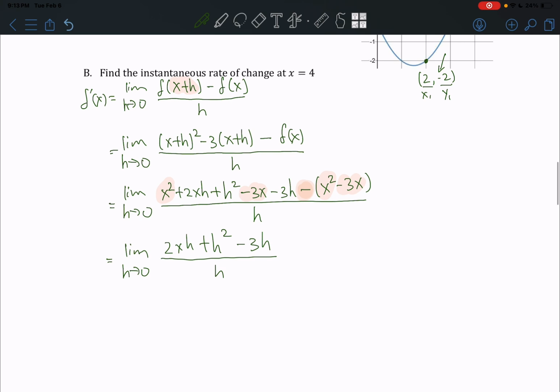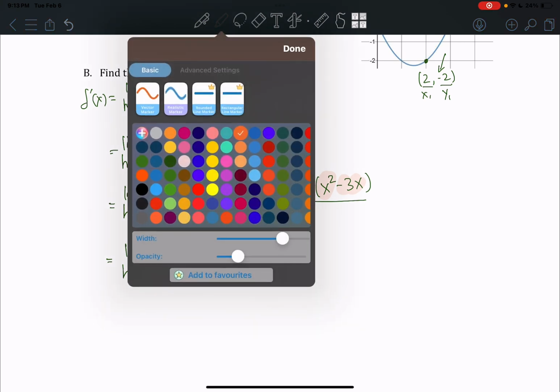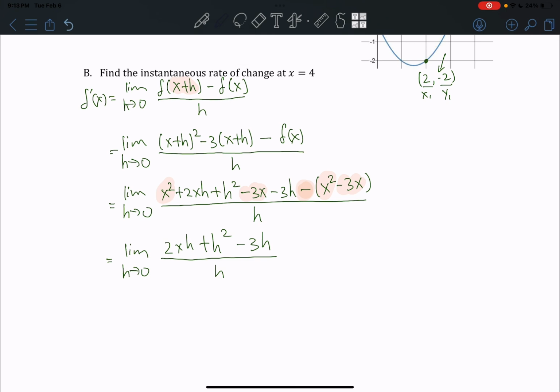And now I can see that the numerator has an h in every single term, so I can take that out as well. It equals the limit as h approaches 0 of h times 2x plus h minus 3. Once I take out h from each term, I have these remaining things left, all over h.